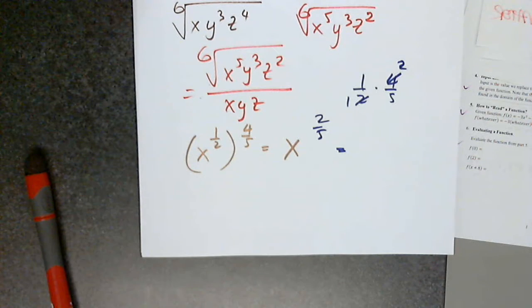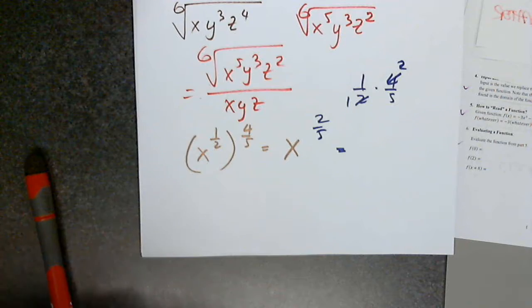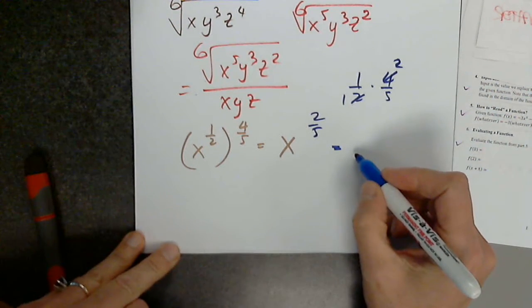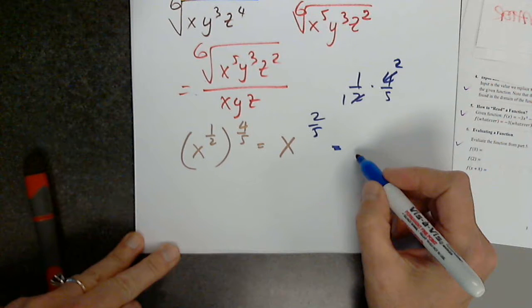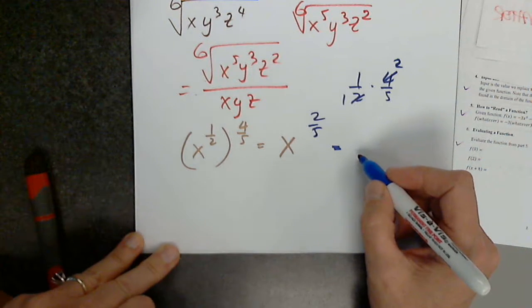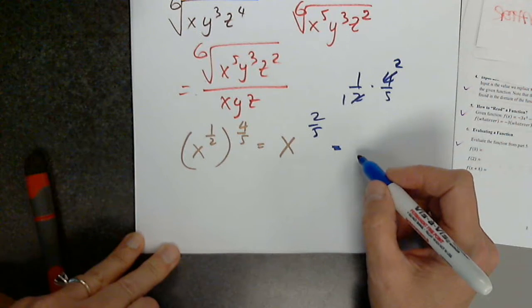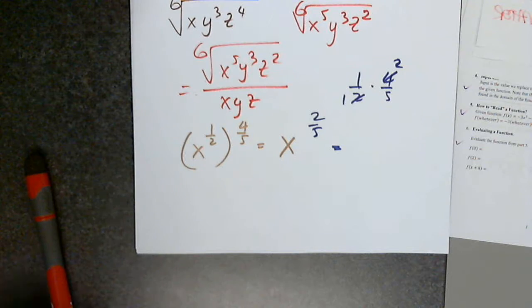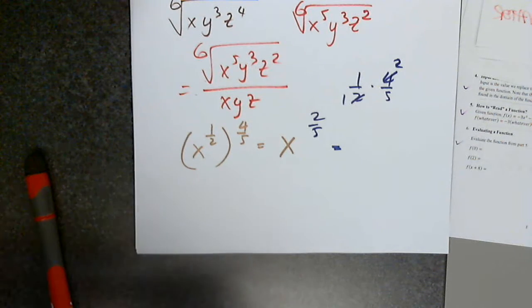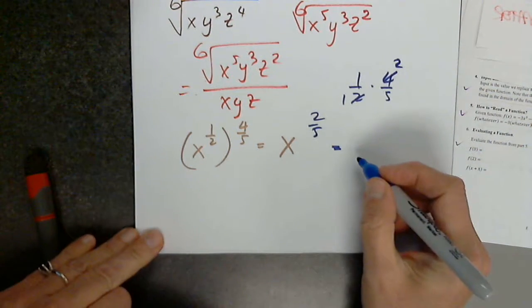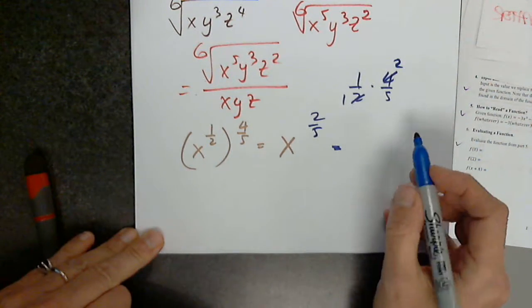So what is this? I see a radical exponent. What does this mean? What does this equal to?